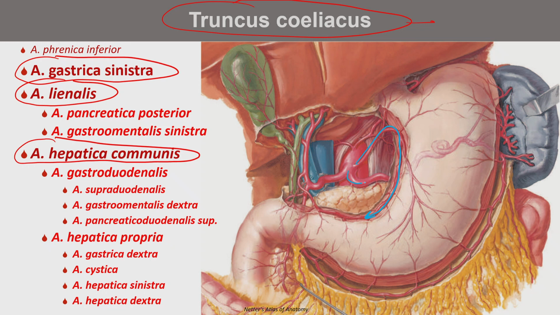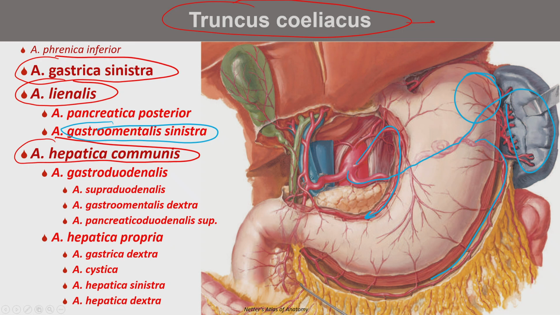The splenic artery is going along the pancreas and supply spleen, part of the stomach, which is called fornix, and then is creating the artery, which is called gastroomentalis.